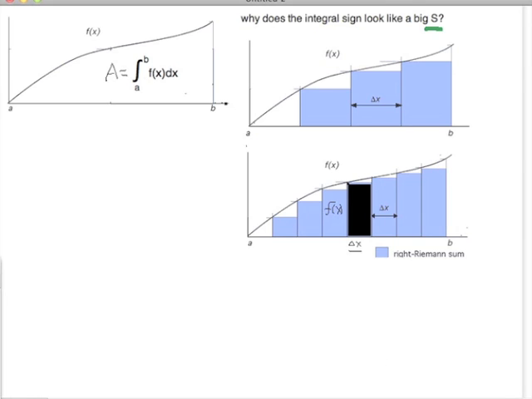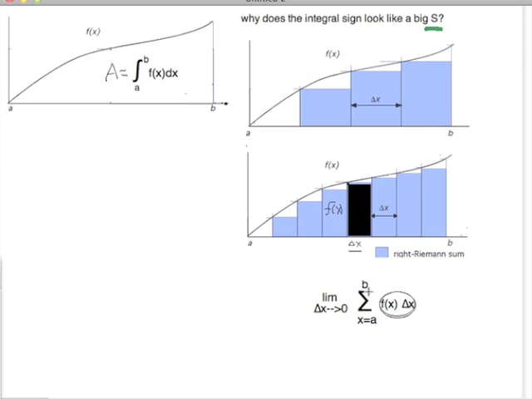And here's the notation for that. You may remember this. I like to build this formula from the inside out. Here is the area of a generic rectangle, f of x times delta x.